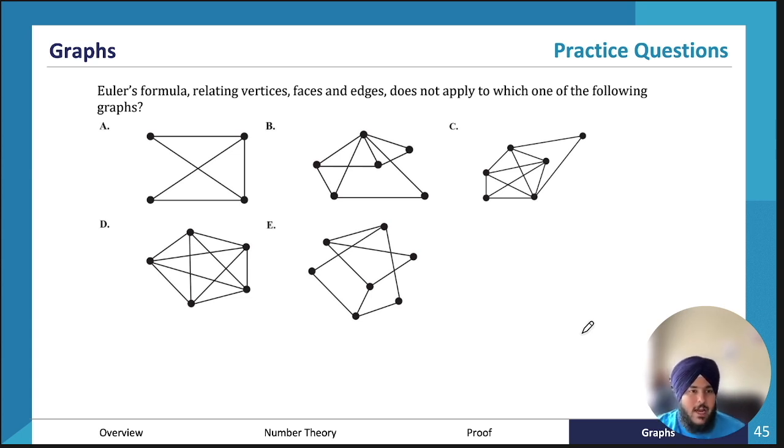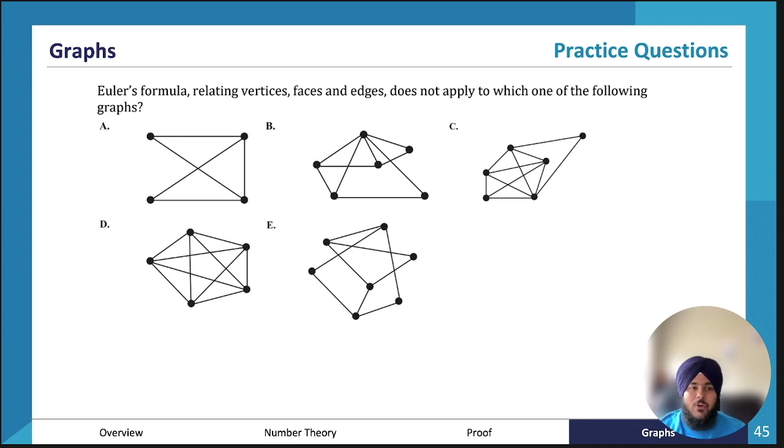Okay, Euler's formula relating vertices, faces, and edges does not apply to which one of the following? So, Euler's formula, does anyone remember what that was? If you do, pop it into the chat. But going back a few slides, Euler's formula is the formula where we have a planar graph and we use it to prove that it is a planar graph.